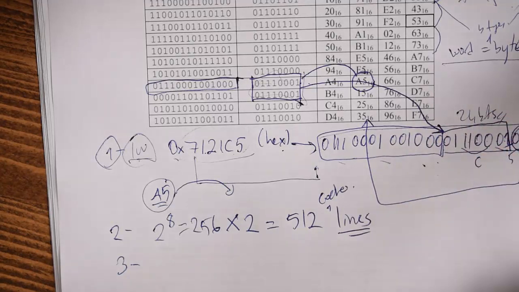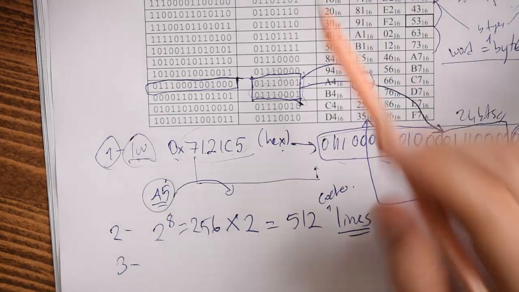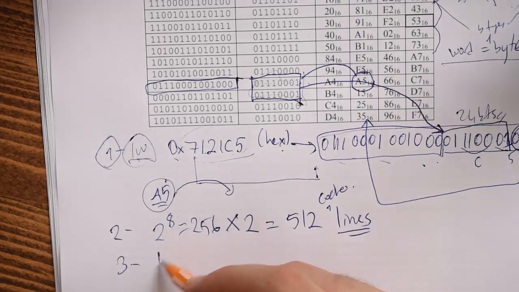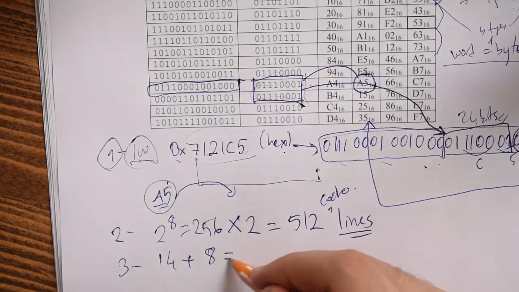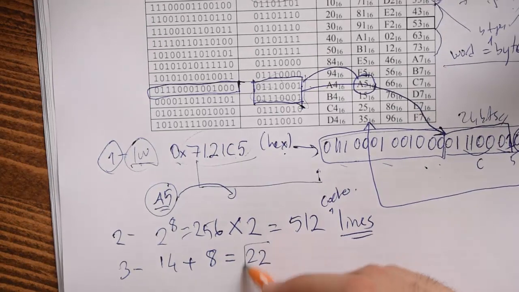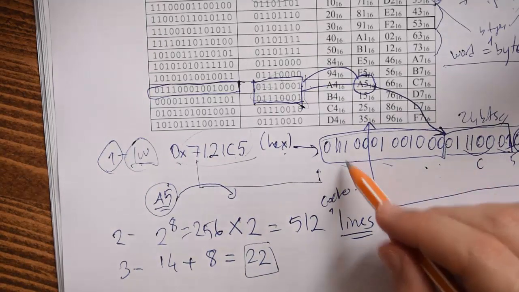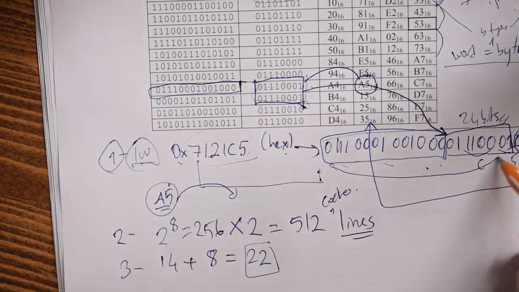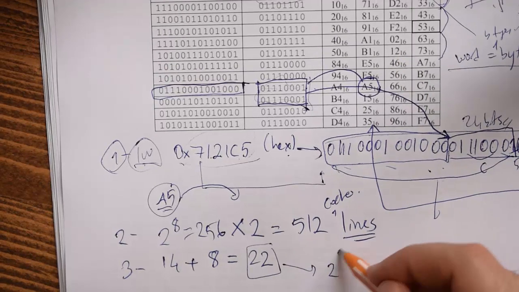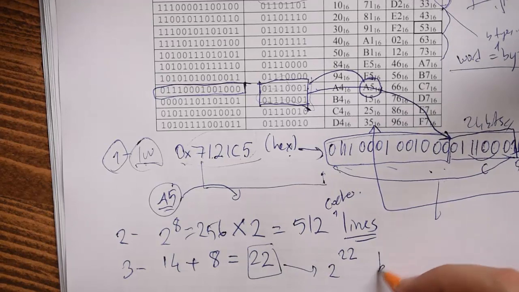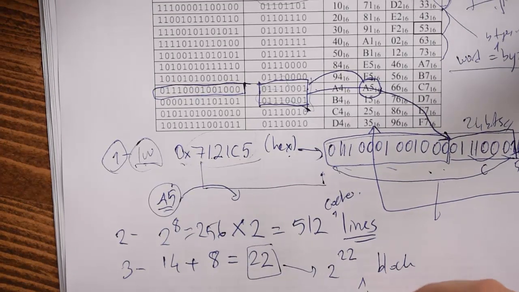It's pretty easy because we have 14 bits used for the tag and 8 bits used for the set IDs, which makes it 22. So that's the most significant 22 bits in here, and the rest are just words. Which means we have 2 to the 22 cache blocks.